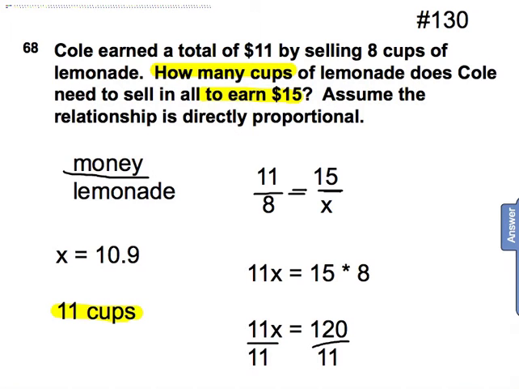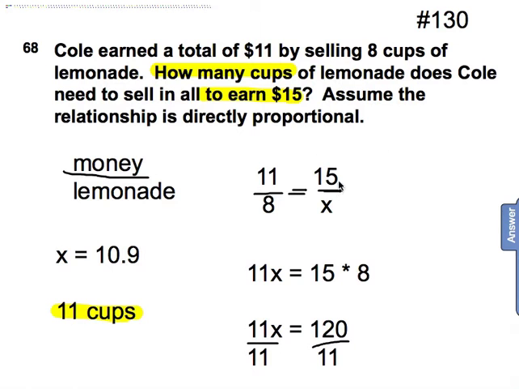So let's take a look at this one. Cole earned a total of $11 by selling 8 cups of lemonade. How many cups of lemonade does Cole need to sell in order to earn $15? We know that the relationship is directly proportional, so we're going to compare money to lemonade.